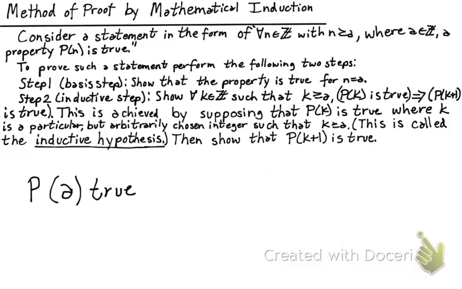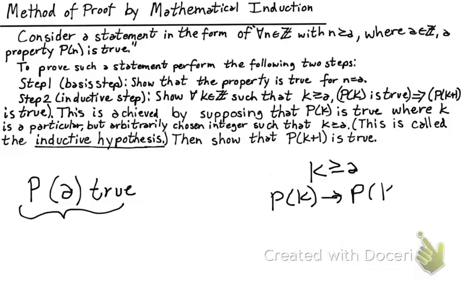And because you assume that k is any value greater than or equal to a, it could be a. So if k is a, and you know that P of a is true, then the assumption that P of k is true gives you, you are able to prove that P of k plus 1 is true.